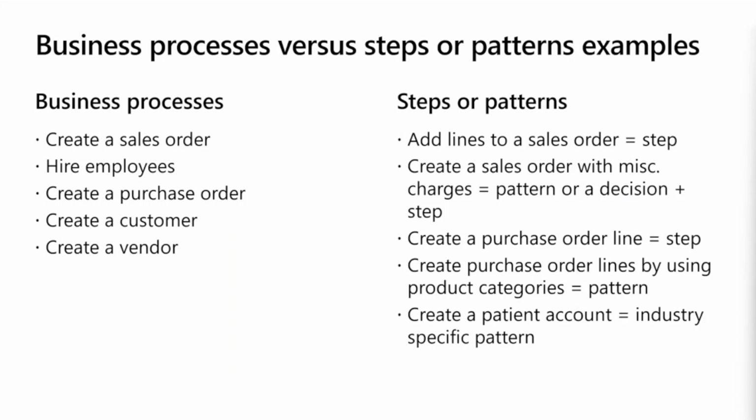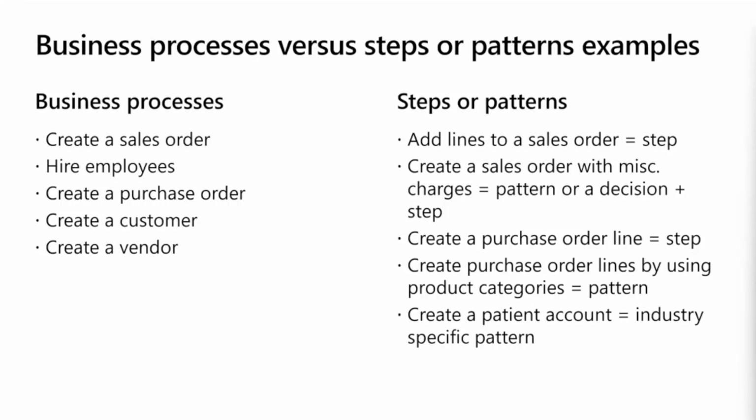I've got another example at the bottom here, and I'm not going to read all of these out loud to you, but you can also create a patient account. This is an example of an industry-specific pattern for creating a customer. We call it creating a customer, but in the healthcare industry, they call it patients rather than customers.